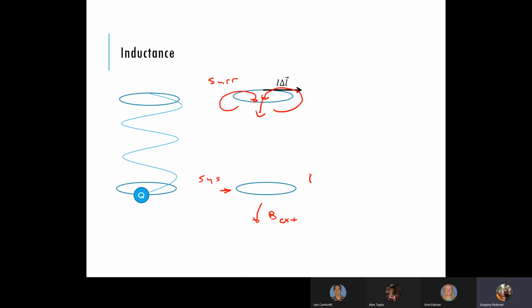So there will be an induced field going up. The induced current, I'll just call it I induced, means that current will be running in the opposite direction. To get the induced field going up, I'm running current in the opposite direction.